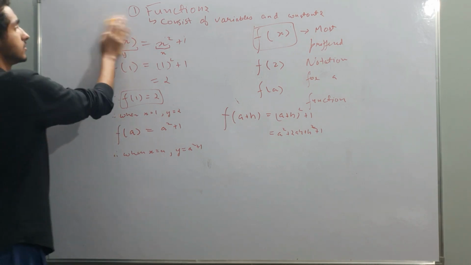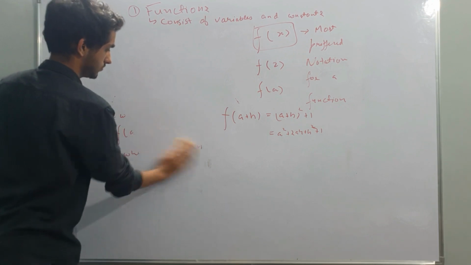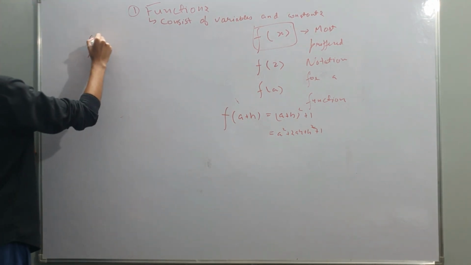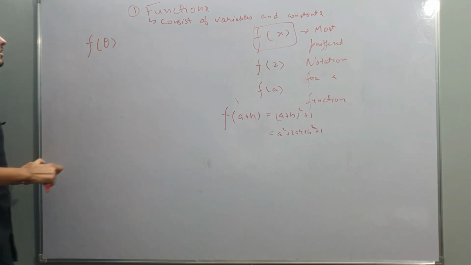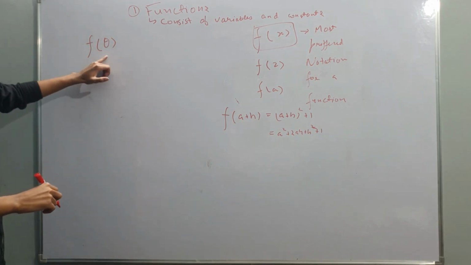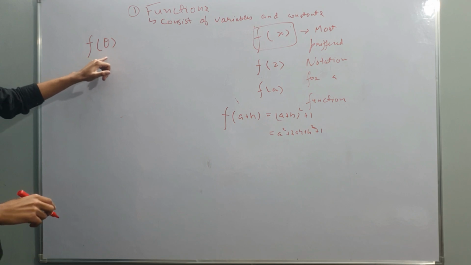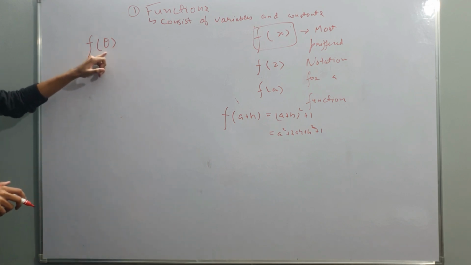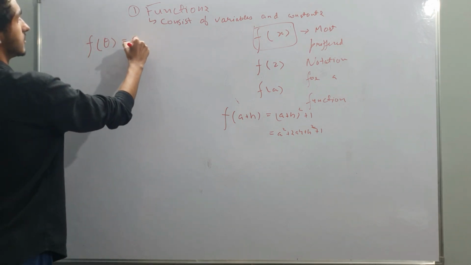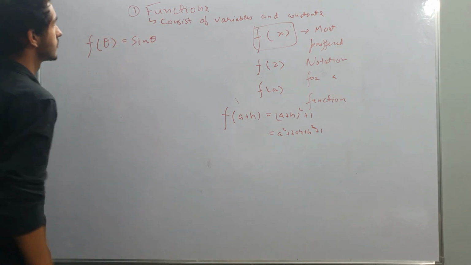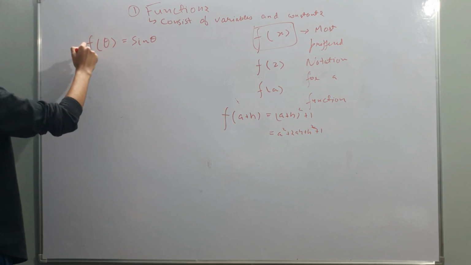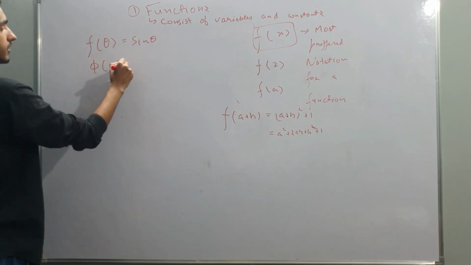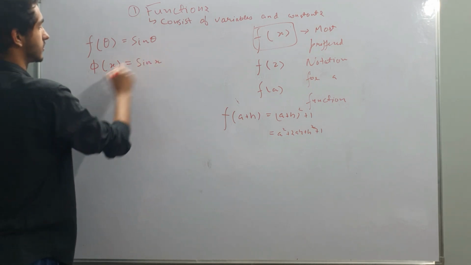So before moving on, function of theta. So this we use mostly in trigonometric functions where the value of the function is dependent on the value of the theta. For example, sine theta. Here sine is a function and the value is dependent on theta, and this can also be denoted as phi x sine x.